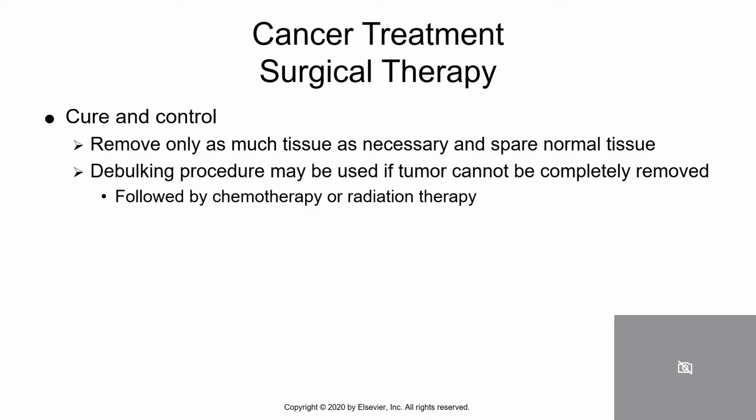And then other times it may be necessary for the patient to receive treatment before surgery. So they may need chemo or radiation before they actually have the surgery to help minimize the amount of burden that's on the tumor itself and to improve the outcome. So kind of either way can happen.